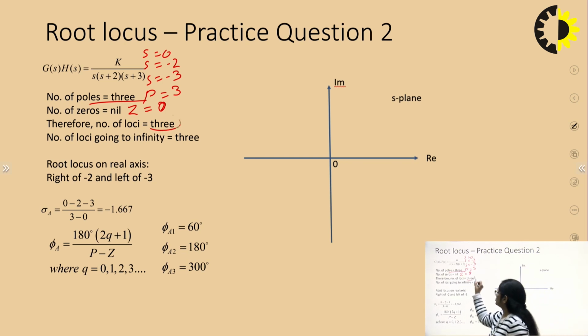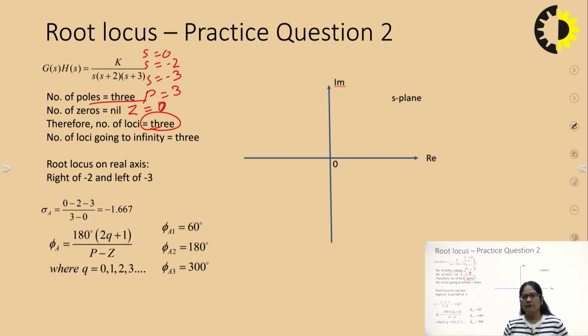And to know how many loci go towards infinity, we know that the root locus starts from an open loop pole and ends at an open loop zero, or if there are no zeros, then the root locus will end at infinity.